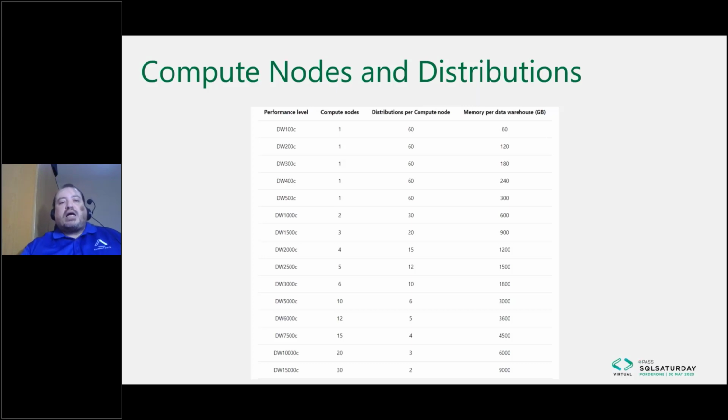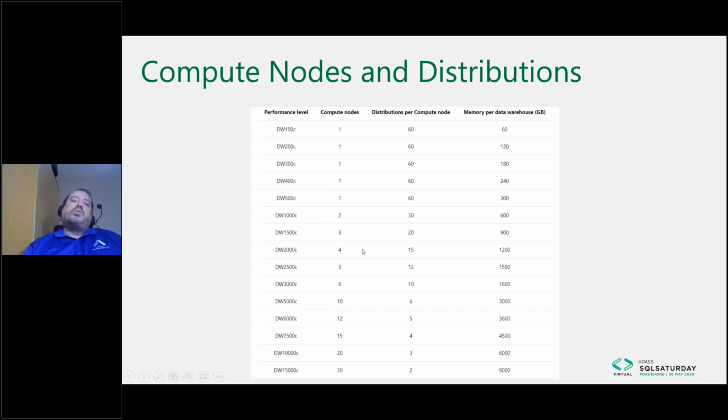According to the number of compute nodes that we have, the distributions of data will be spread among the compute nodes. For example, on the lower performance levels, all 60 distributions are in a single compute node. One node will need to process everything. We are not really using the MPP in this case, it's just a demonstration.